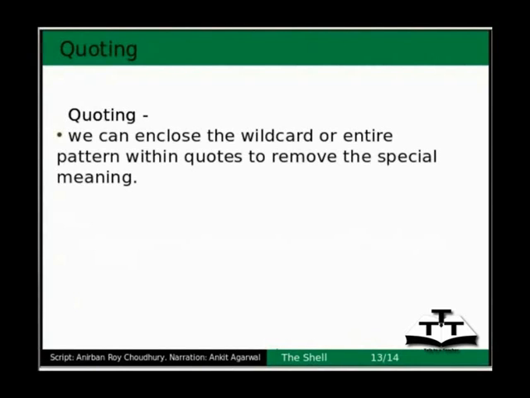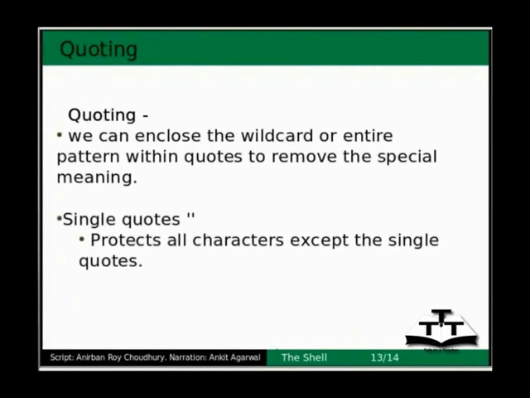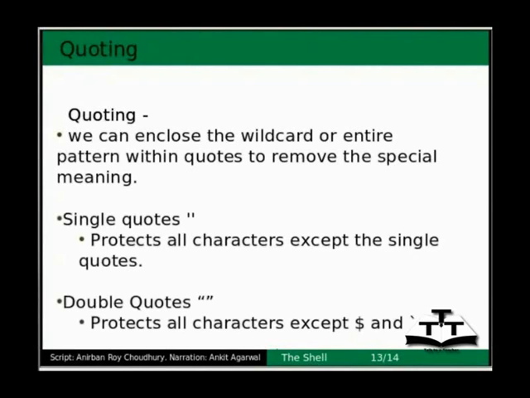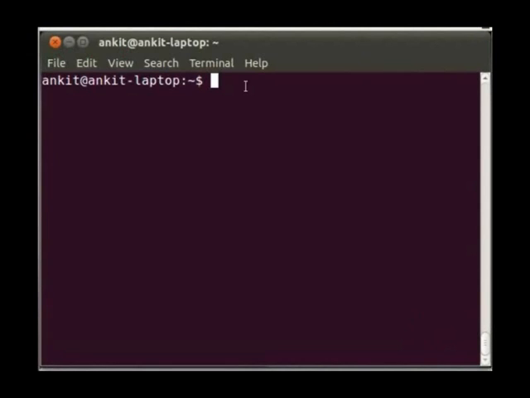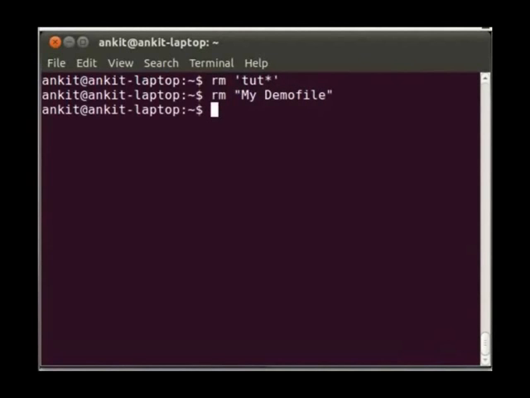The single quotes protect all characters except the single quote, while the double quotes protect all the characters except dollar and backquote. So we can have things like rm space tut star under single quotes and rm space my space demo file under double quotes, and they would work perfectly.